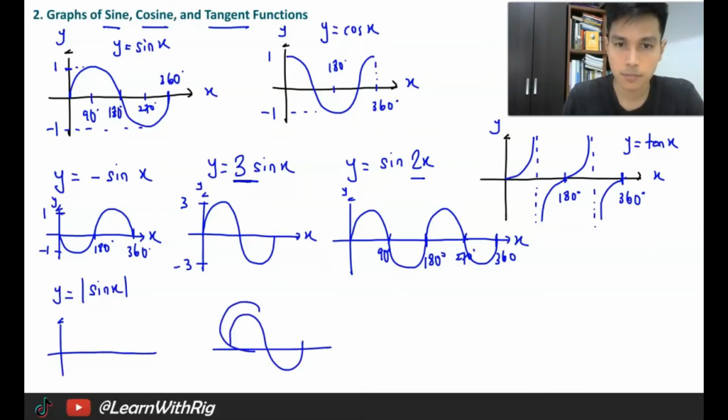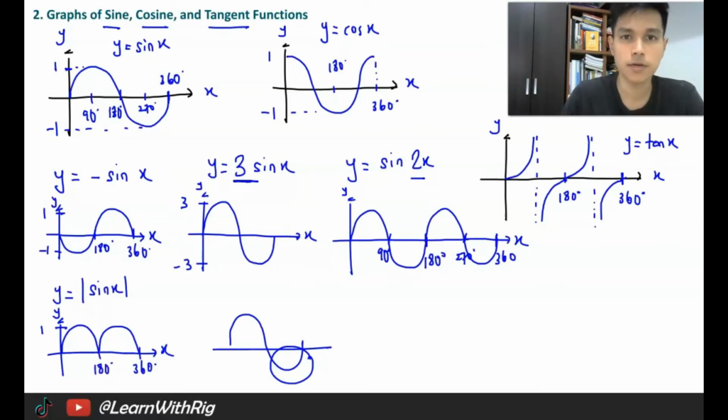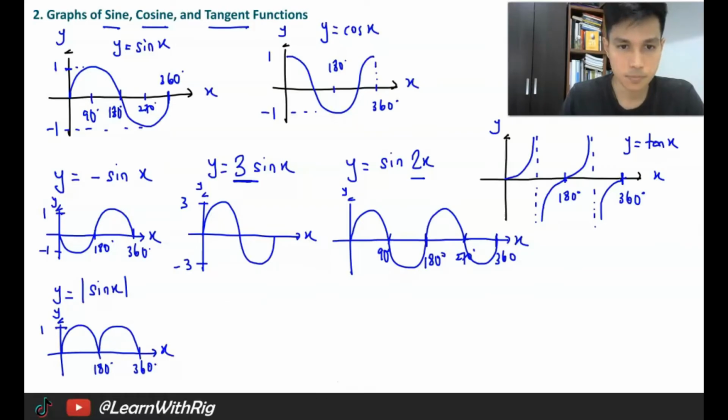This one is already on the positive side. Here the negative will have to change to positive, so it looks like this. Here is still 1. Here is y, here is x, 360, here is 180. That is how you do it. All the negative side changes to positive. Same thing applies to cos and tangent as well. No worries, later we'll do exercises, you'll understand.